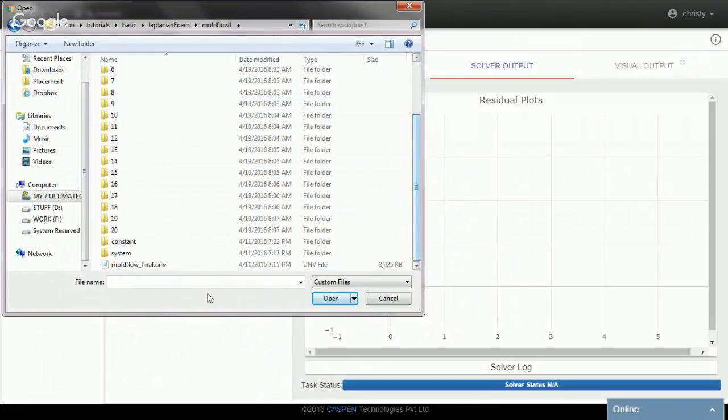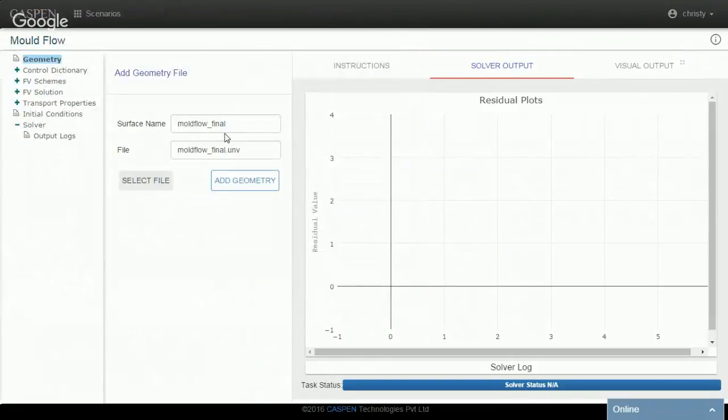So I have the UNV file. So after you've uploaded or selected the file, you'll have to add the geometry to the platform. So this file will already have the mesh data, and in the next webinars, I will be showing you how these files can be created into UNV and uploaded for a simulation.